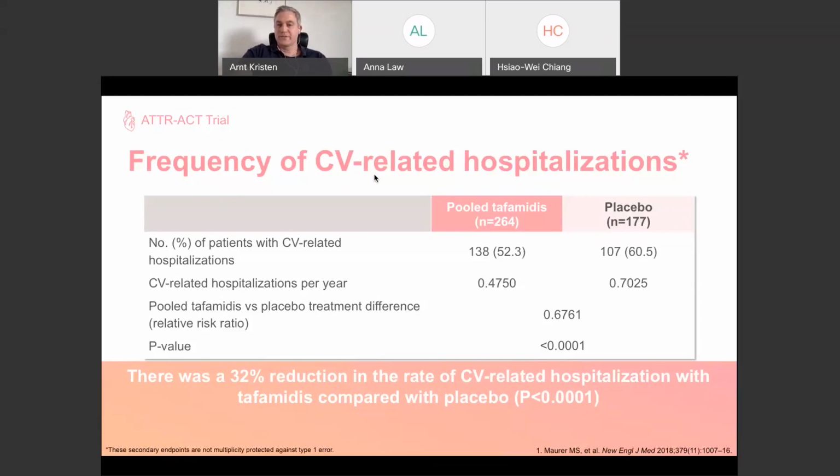Similar results have been found for all-cause mortality.